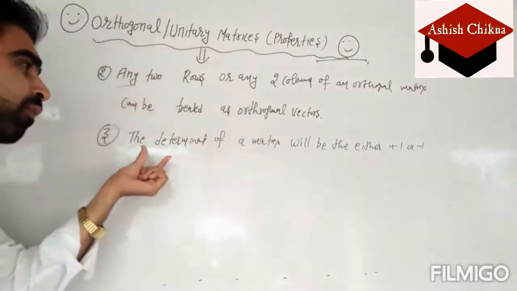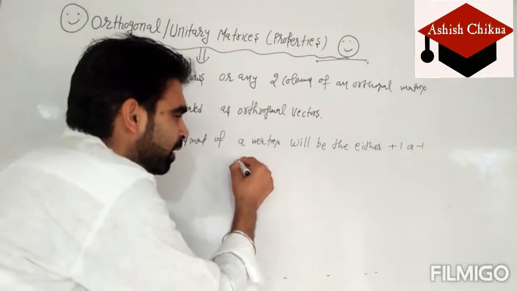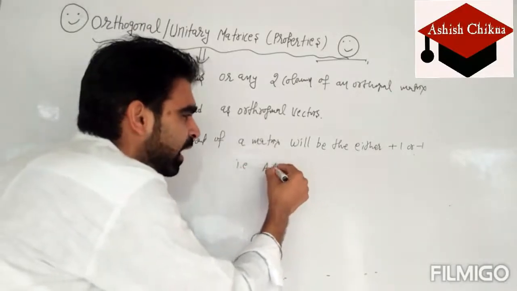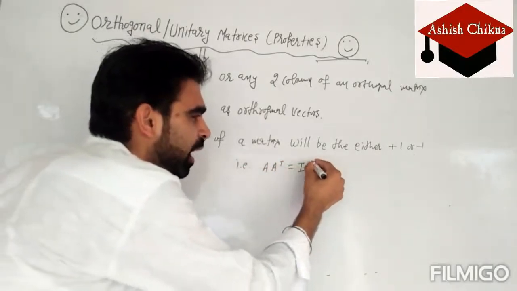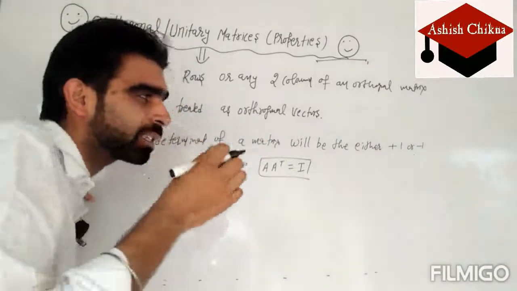For the explanation of this third point, we have A transpose A is equal to I, as we know from the definition of orthogonal matrix.